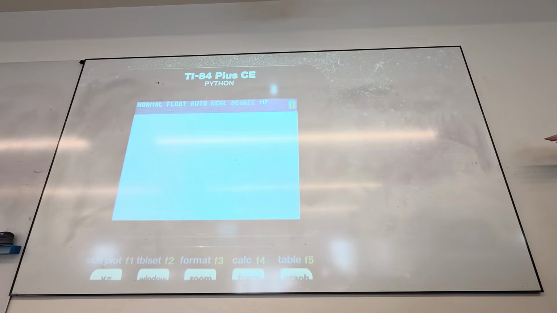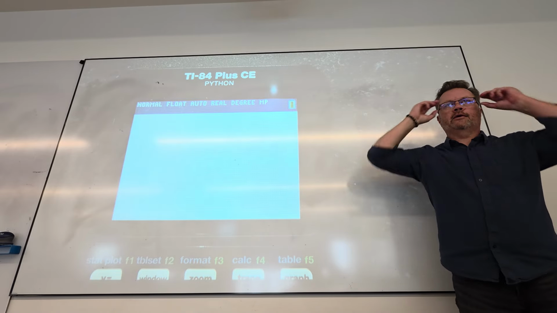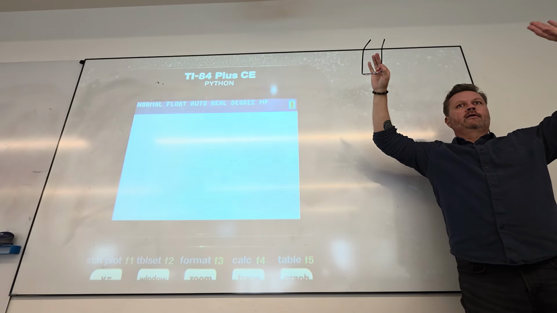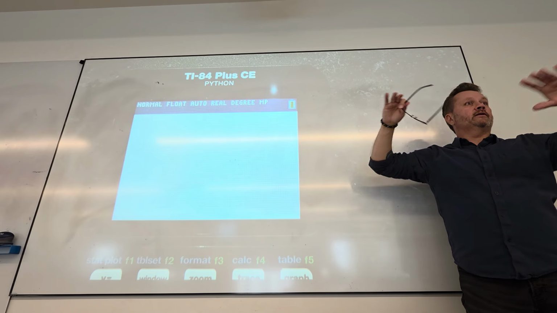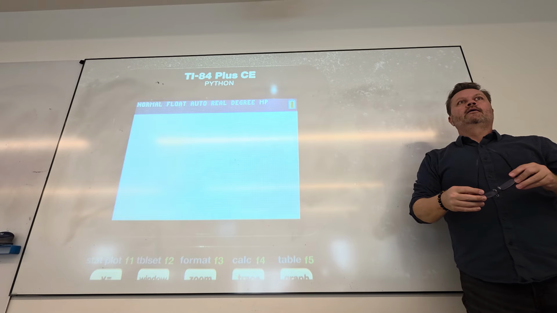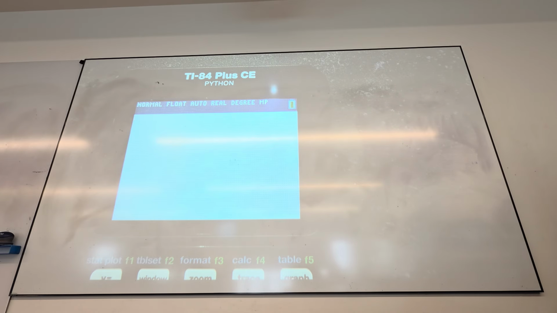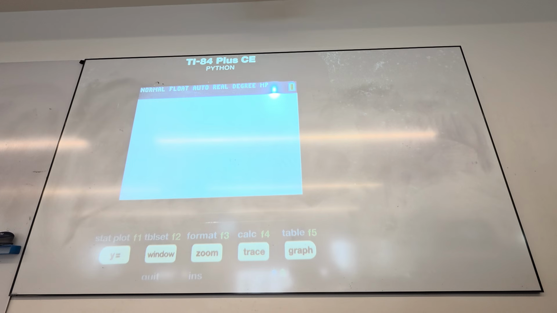The whole top row, all the buttons on the top of your calculator, are all about graphing. The reason this calculator is rather expensive compared to other ones is because of its graphing capability. So if I hit Y=, that's how I tell the calculator what function to work with. I can tell it I want you to work with x to the third power.